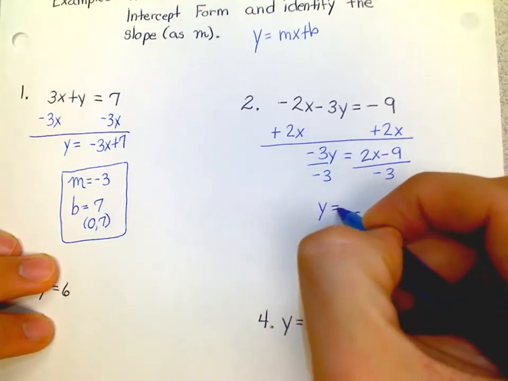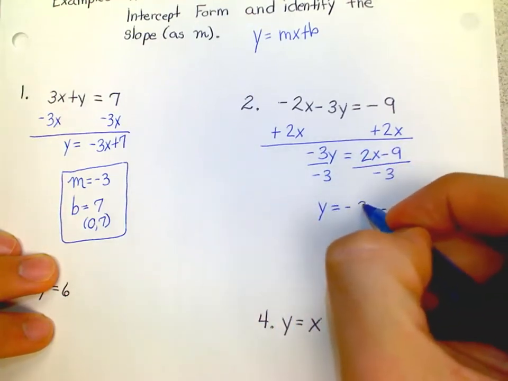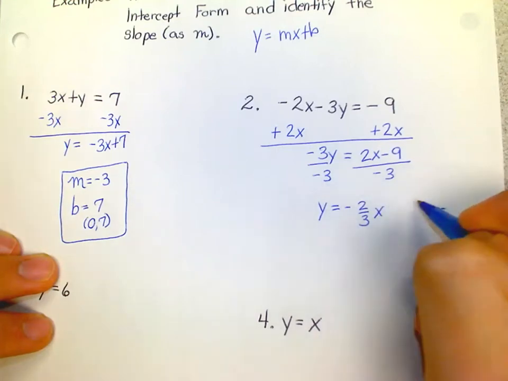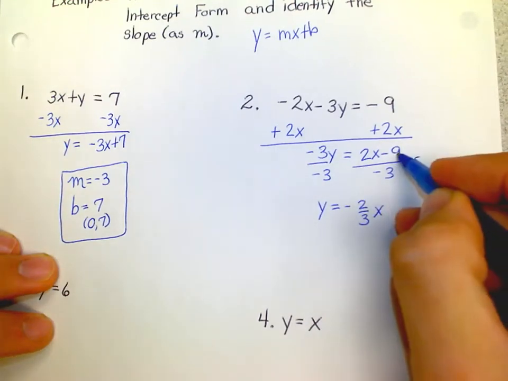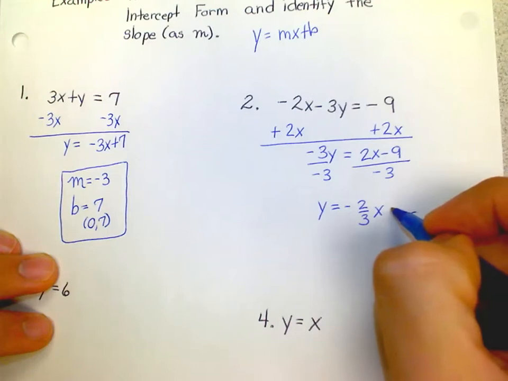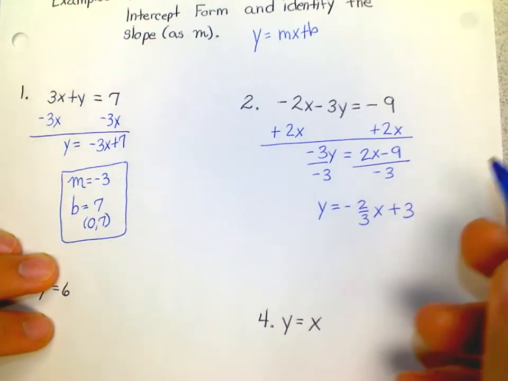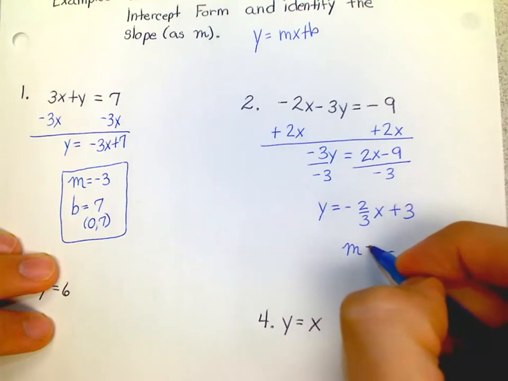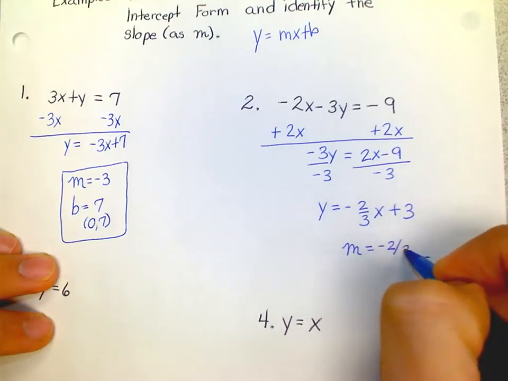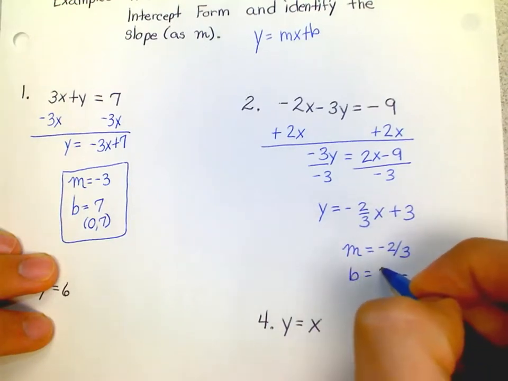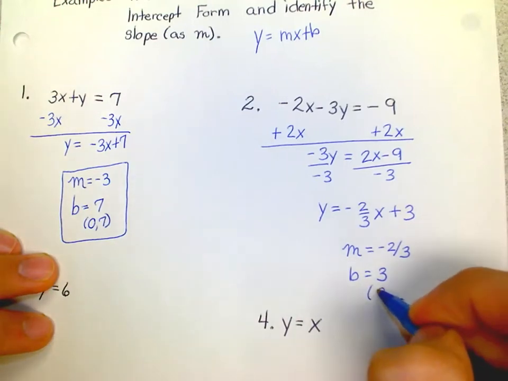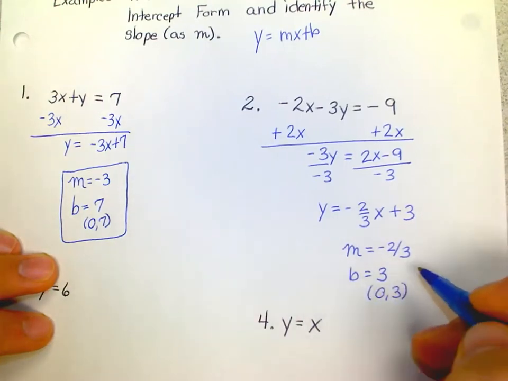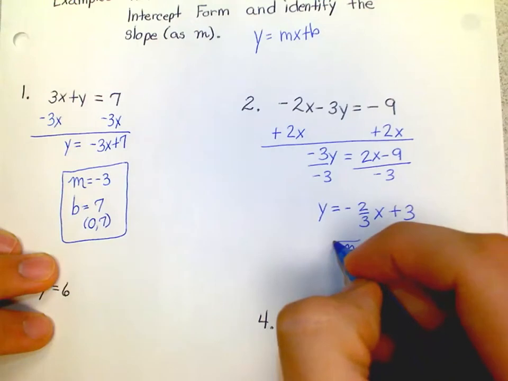So we have y equals negative 2 over 3x, and then negative 9 divided by negative 3 is a positive 3. So from this we can gather that the coefficient in front of x is the slope, or m equals negative 2 over 3, and b equals a positive 3, or 0, 3 in parentheses as the coordinate pair.